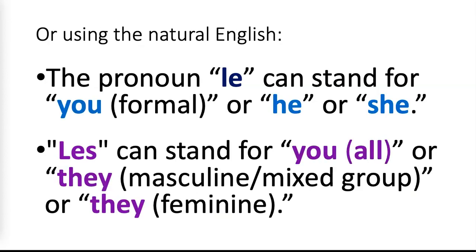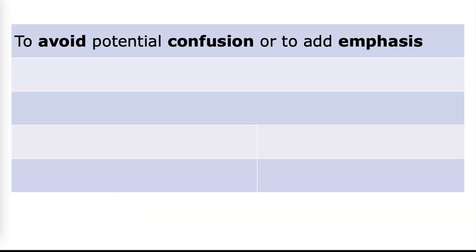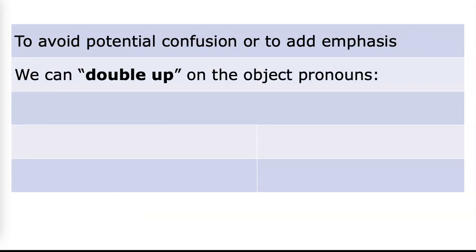Or to use the natural English translation, le can have a subject of you, he or she likes. Les can mean you all or they like. In order to avoid this potential confusion or to add emphasis, we can double up on the object pronouns.